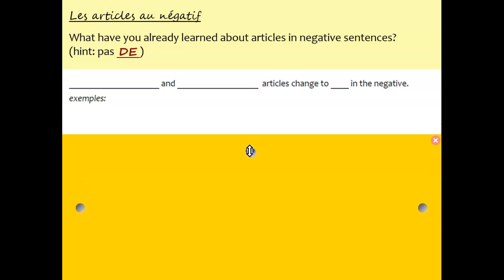So here's what I need you to know about this, and this obviously goes on your notes sheet. Indefinite and partitive articles. Indefinite is un and une. Partitive are the ones that start with a D. Indefinite and partitive articles all change to de in a negative sentence.